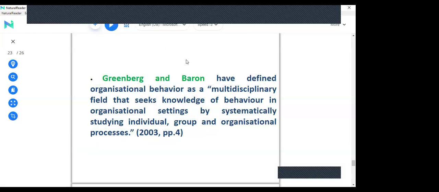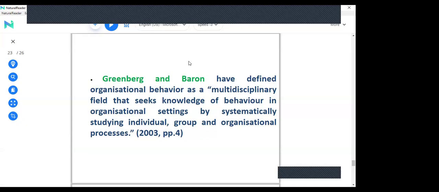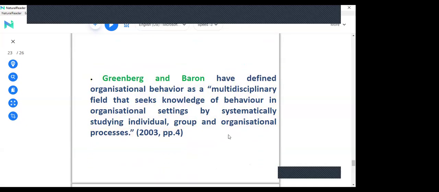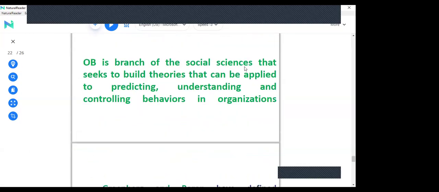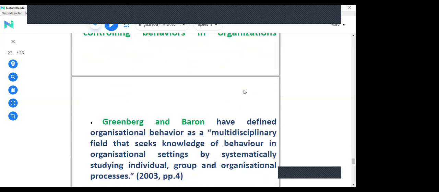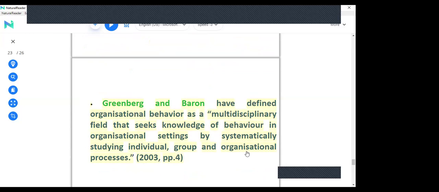My dear student, now after the 99 memo, that means more than 4 years ago, and a new millennium. Now, earlier, Greenberg and Baron, earlier the point is social science. Okay, social science. But now, multidisciplinary.